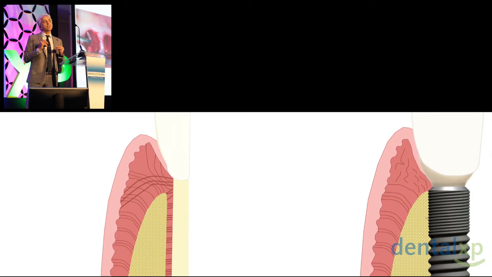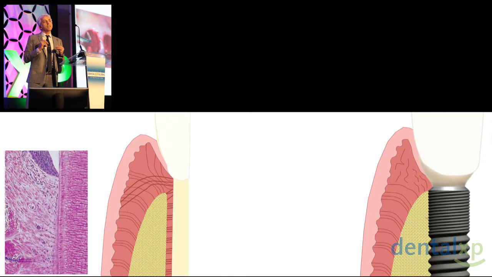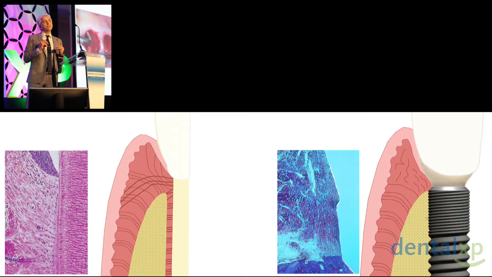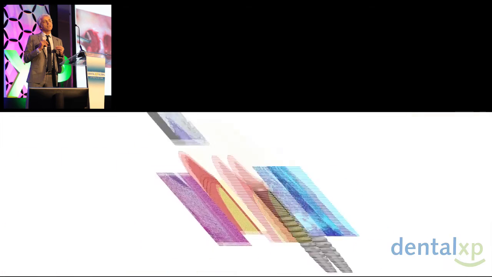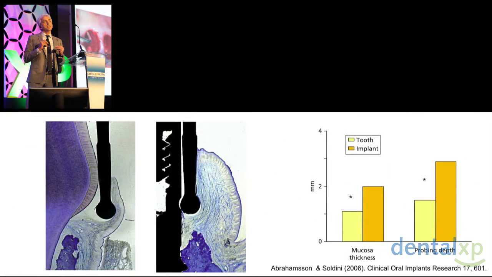The nature of the attachment is different: around teeth, we have the insertion of Sharpey's fibers into the root cementum, whereas around implants, we have mostly parallel collagen fibers. The cellular composition and the histological structure are also very different, so we won't go into that much.